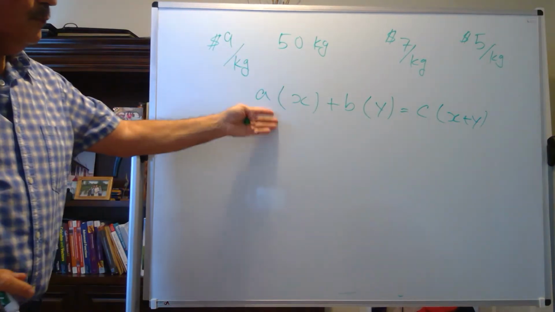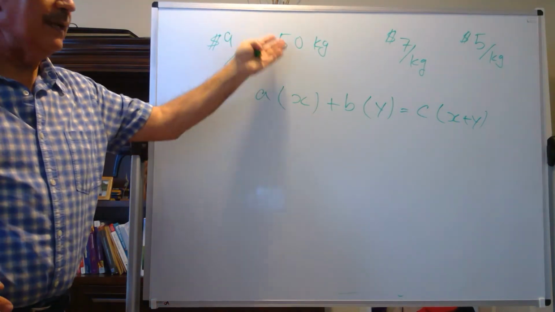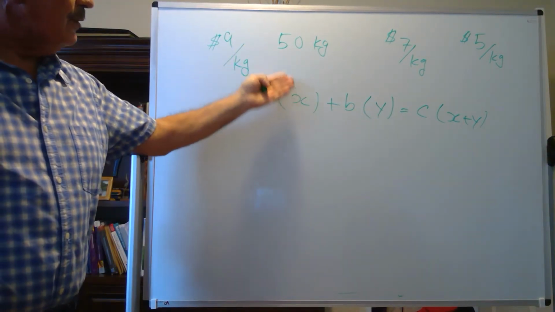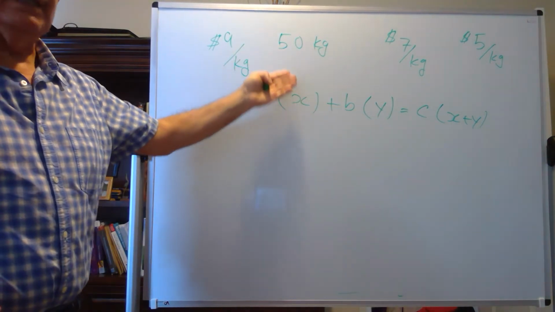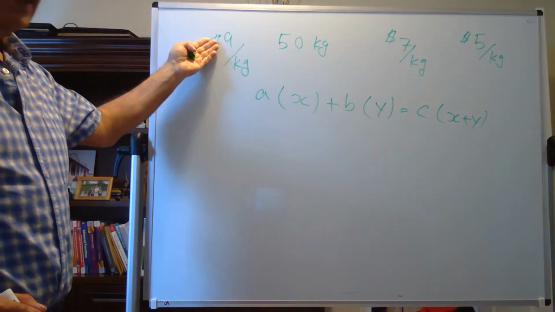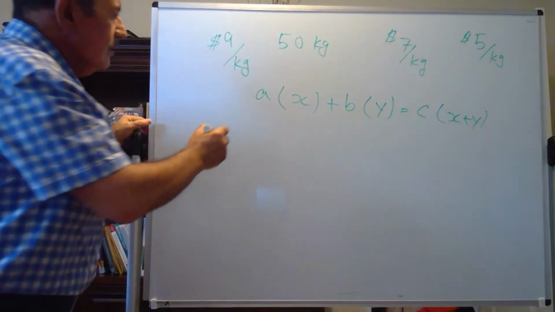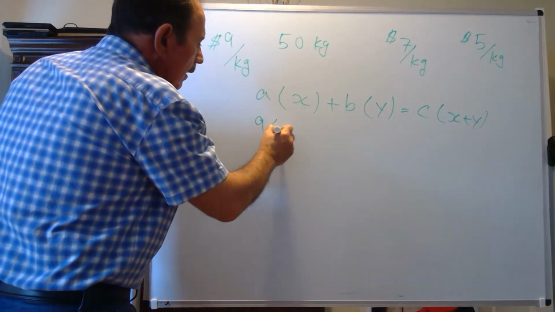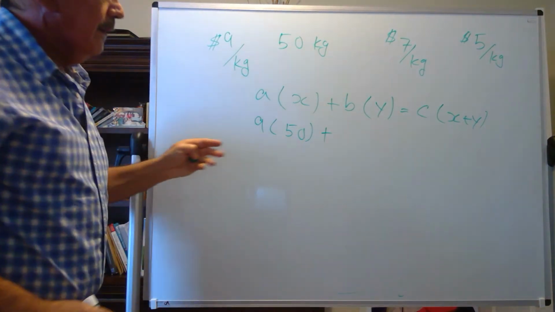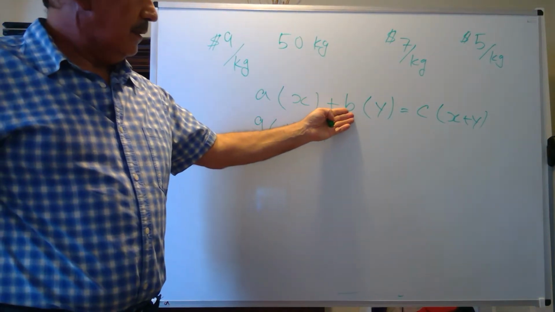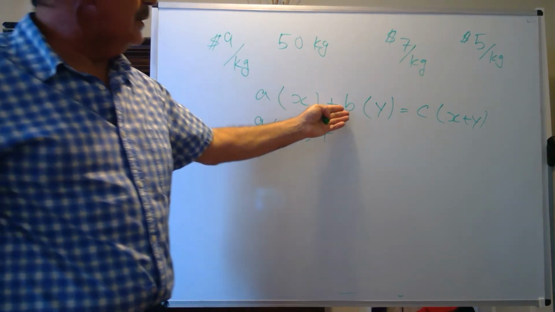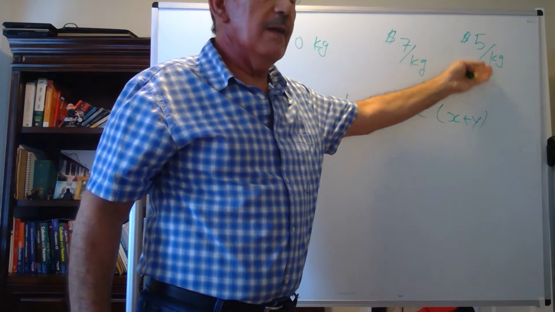Now, if I want to substitute the values in this formula, the X value that I have is 50 kilograms, and the price is $9 per kilogram. So 9 of 50 plus, I know this one because I want to mix it at $5 per kilogram.